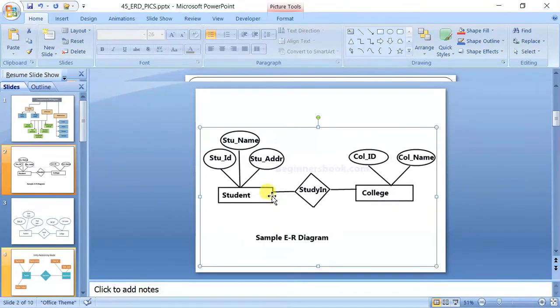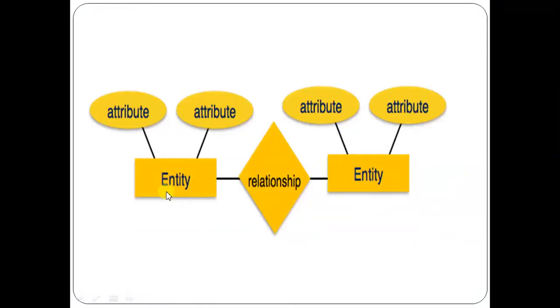You will have a student table and a college table. Now since you have created so many tables, it is better for you to understand this. Here, in general, an entity is always shown as a rectangle, an attribute as an oval, and a relationship as a diamond. So now you have understood how the ER diagram will be converted into tables.